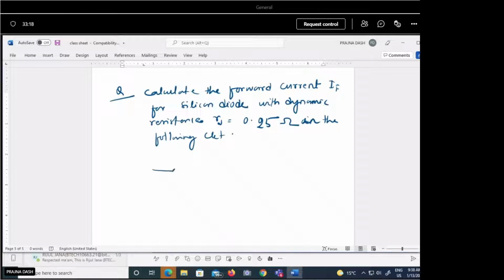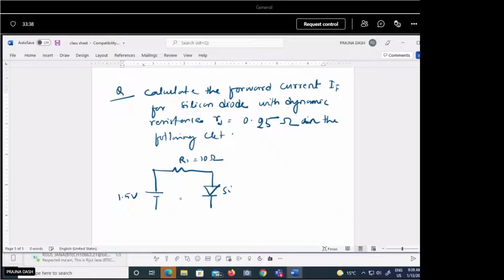So here a circuit is given where one voltage is applied. Suppose 1.5 volt is applied here. R1 is equal to 10 ohm, and a silicon diode is placed here.